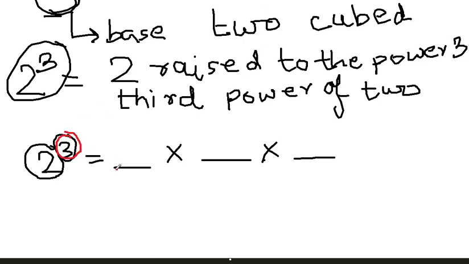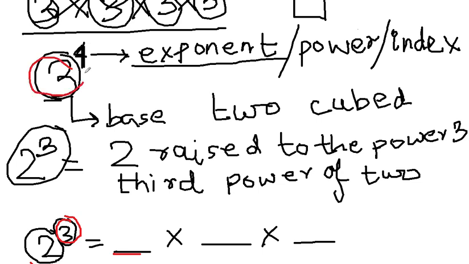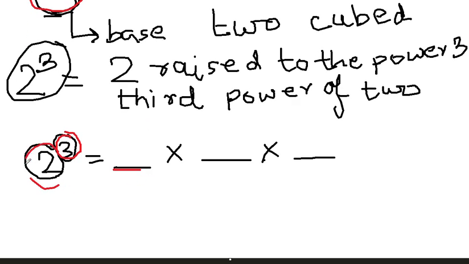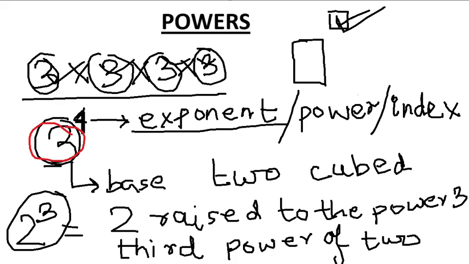I see the power, I draw so many lines, okay? And then I write this base, okay? So in this case, the base is 2. So I write 2 times 2 times 2, which is going to give me 8 as the answer. So that is the basic knowledge about powers, okay?